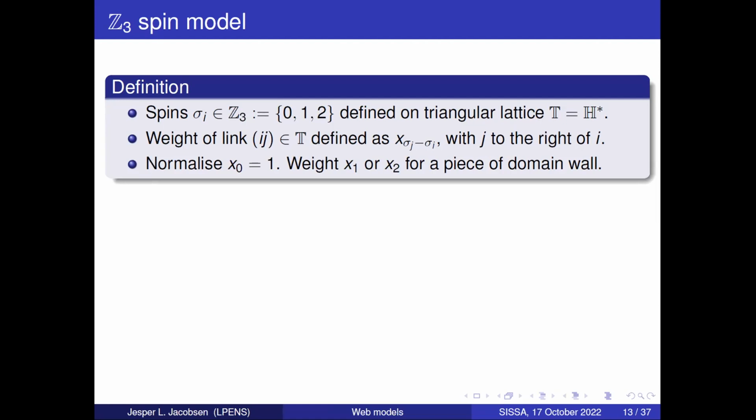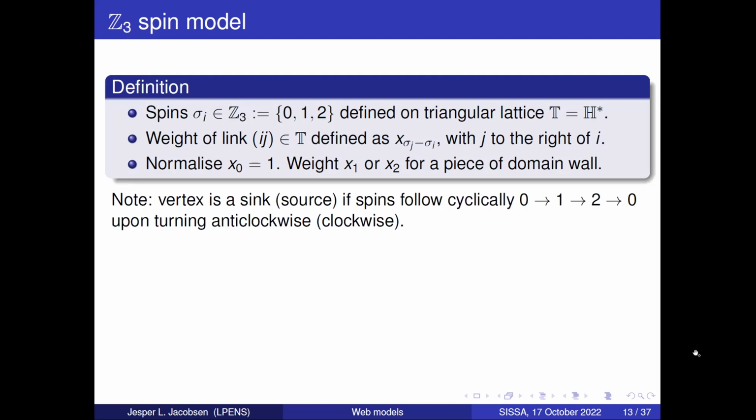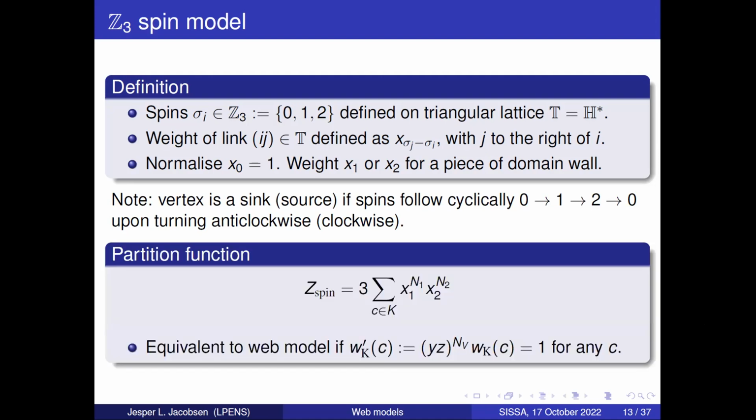I'm going to normalize x_0 as 1. And so then I get weights for each piece of domain wall, and they will distinguish whether spins follow each other cyclically or anti-cyclically when I go around a vertex. And it's easy to see that the partition function of this gives a global factor of 3, and it's equal to the local part of the web weight that I had before. So the two models are equivalent, provided that I can make this non-local weight equal to 1.